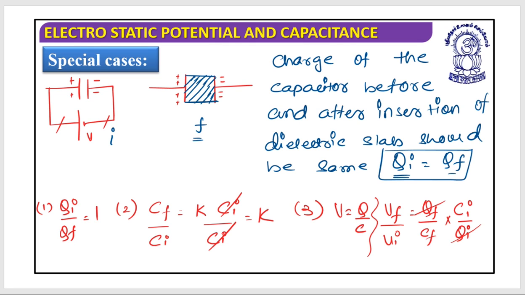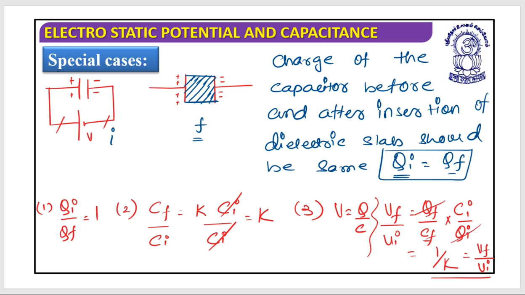The charge would cancel because they are equal, and CF would be equal to K times CI. So this is equal to 1 by K. The ratio of final potential to initial potential, VF by VI, is equal to 1 by K.